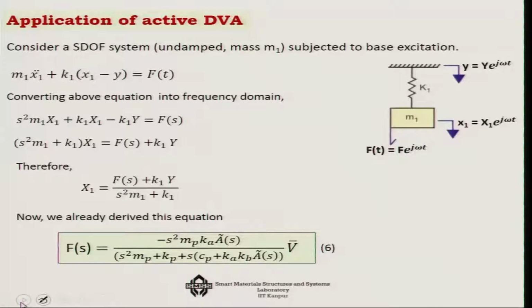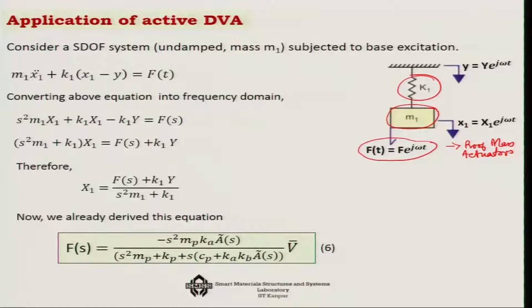Let us say we disregard the damping part of that system, and that the mass of the system whose vibration I want to control using the proof mass actuator is m1, stiffness is k1, and it is subjected to a dynamic force whose source is the proof mass actuator. That is what we have to keep in mind, because we have to plug this proof mass actuator equation into the whole system.